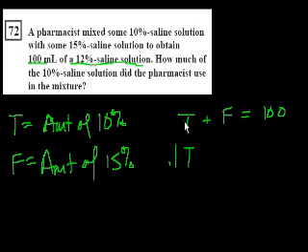So 10% times the amount of 10% solution tells me how much saline I'm contributing, plus 15% times the amount of the 15% saline solution. This is the amount of saline from that solution.